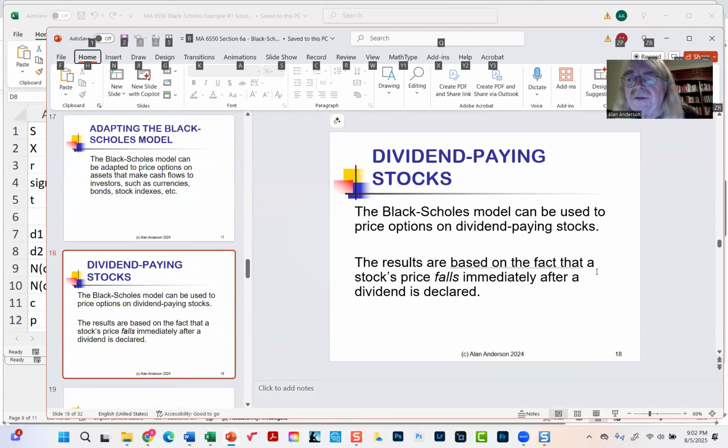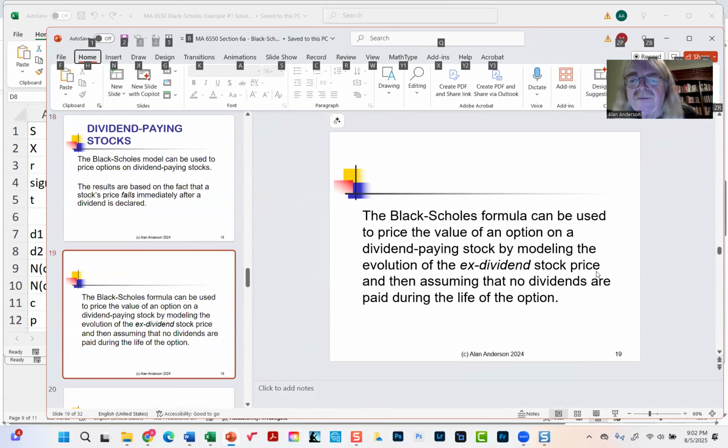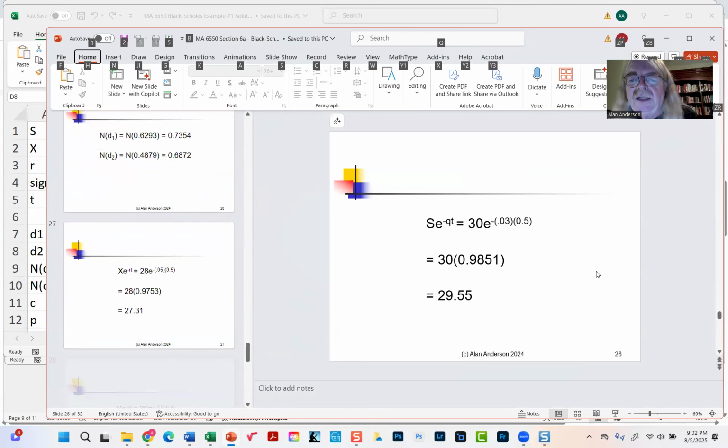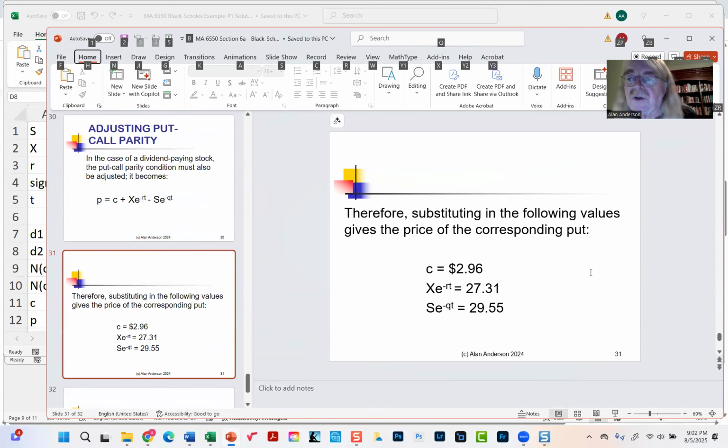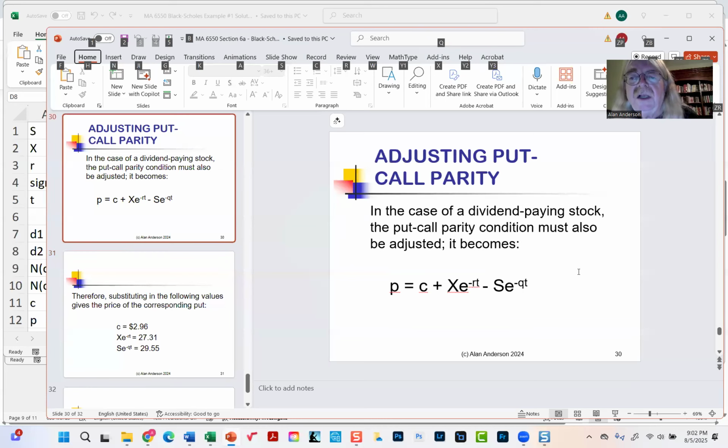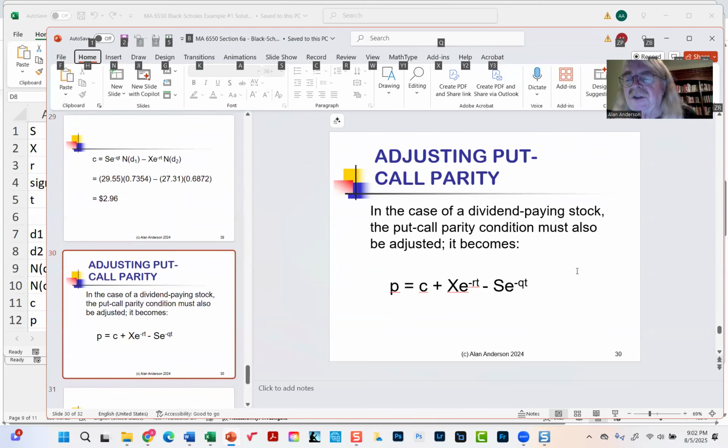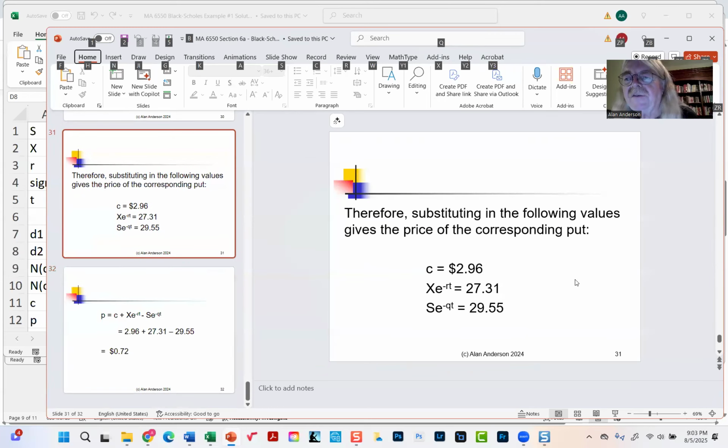Once that's done, we're going to look at the adapted or updated version. And then we're going to introduce the put-call parity condition. We're going to show why it must hold. It turns out that this relationship is enforced by the principle of no arbitrage. If it fails to hold, there will be arbitrage opportunities in the market. So we can save that for next time.